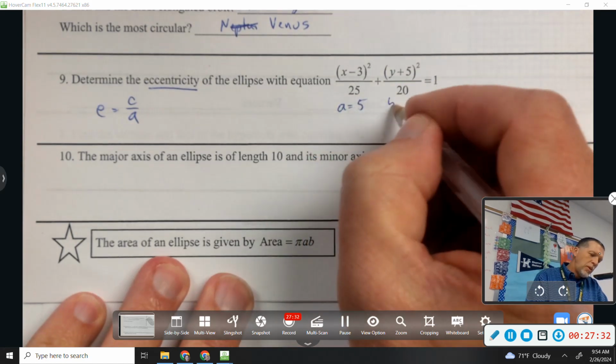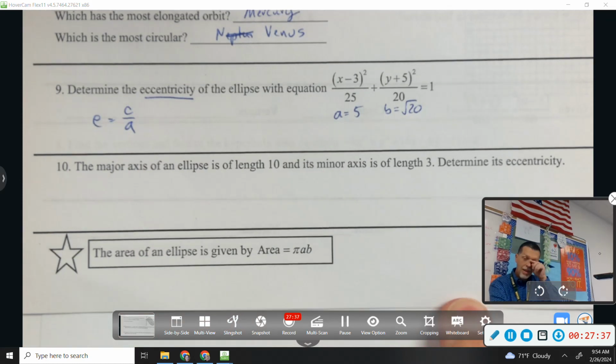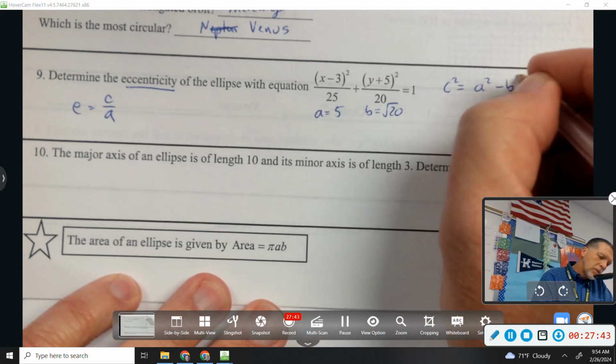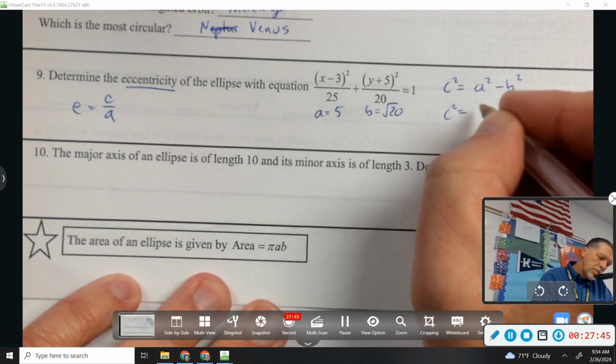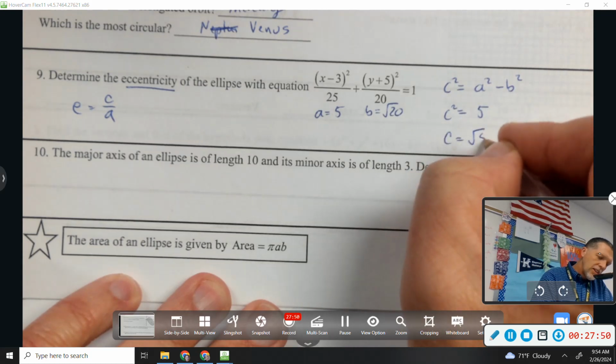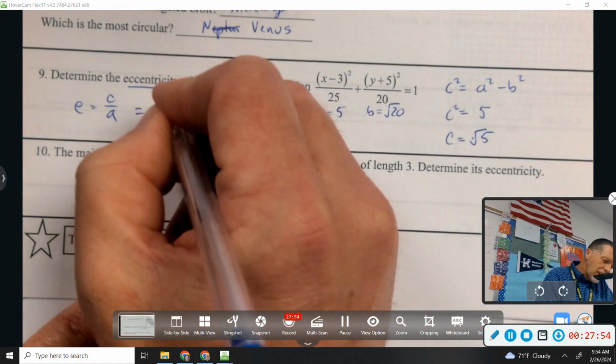And B is the square root of 20. We don't even need that though. But A is 5. I need C. C squared equals A squared minus B squared. So that would be 5. So eccentricity is C over A, square root 5 over 5.